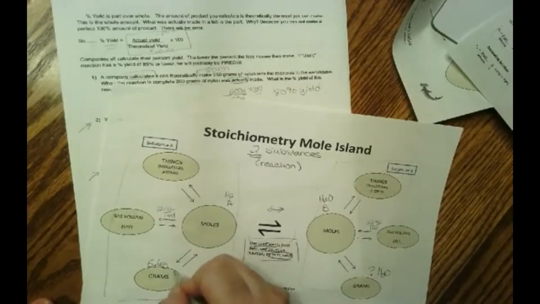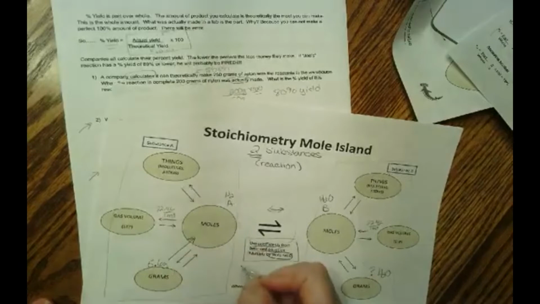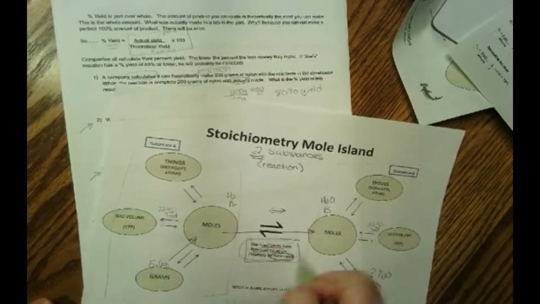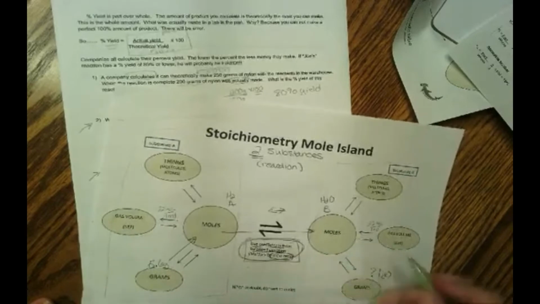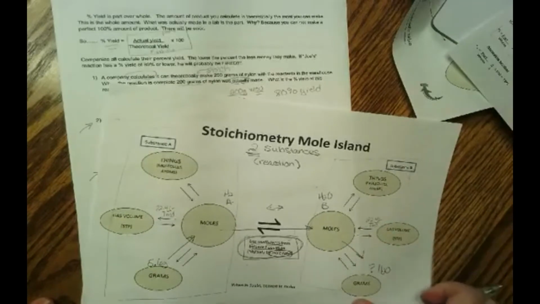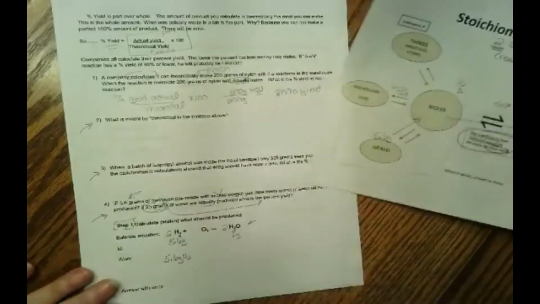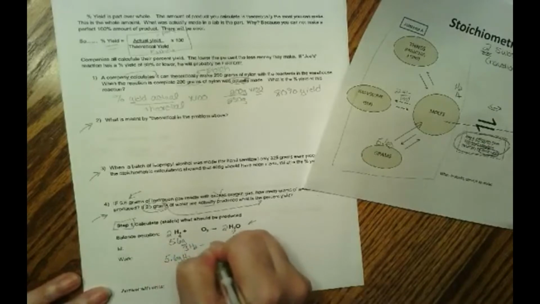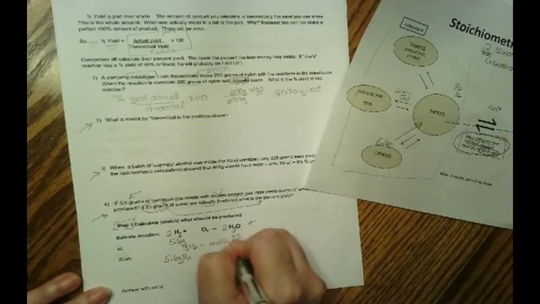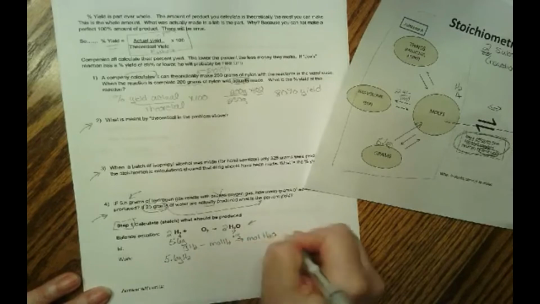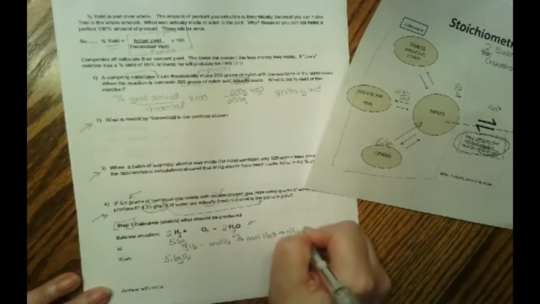My first step is to go from grams to moles. And then I need to go from moles of A to moles of B. And this is where I use my coefficients. And then I'm going to convert that moles to grams. I don't use my coefficients there. Okay? So I'm going from grams of hydrogen to moles of hydrogen to moles of water to grams of water.